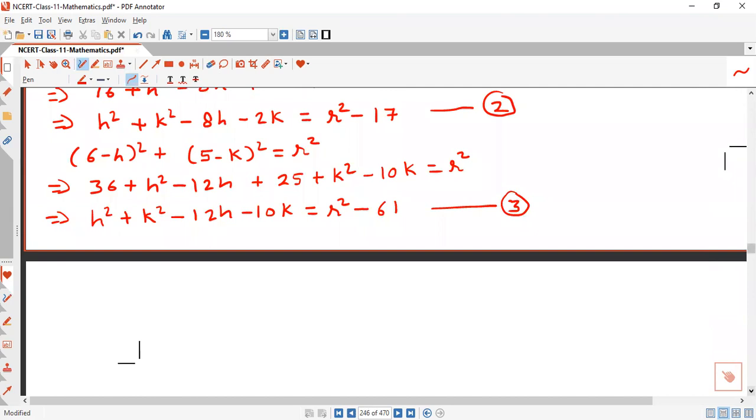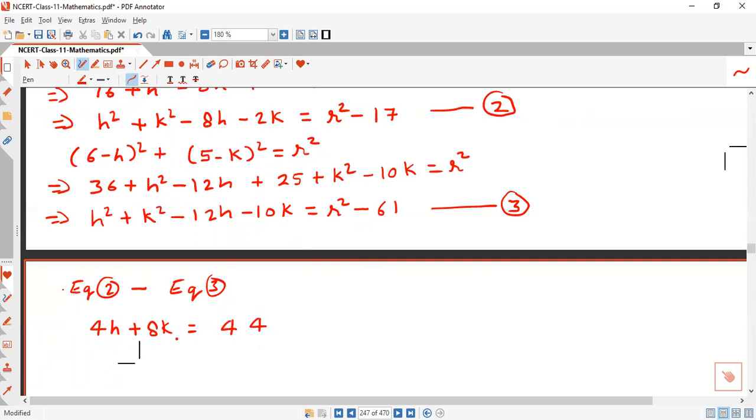I will perform equation number 2 minus equation number 3. h square cancels out, k square cancels out, minus 8h plus 12h comes out 4h, minus 2k plus 10k comes out 8k, r square cancels out, and plus 61 minus 17 comes out 44. So 4h plus 8k equal to 44.